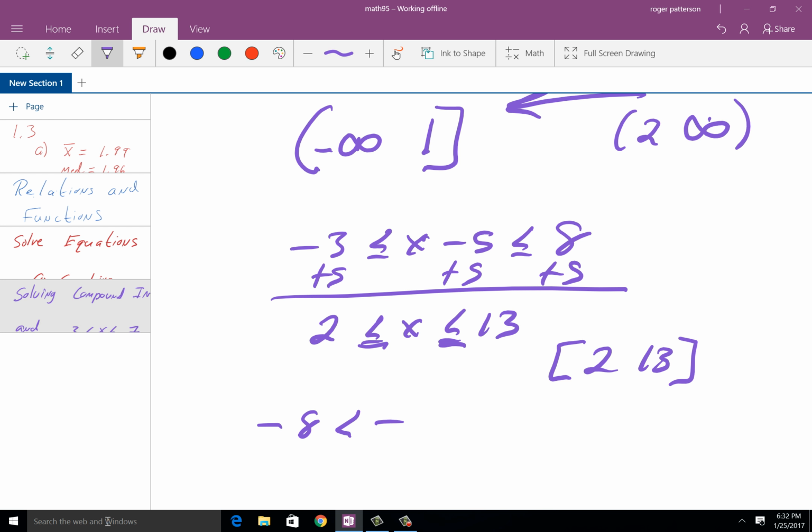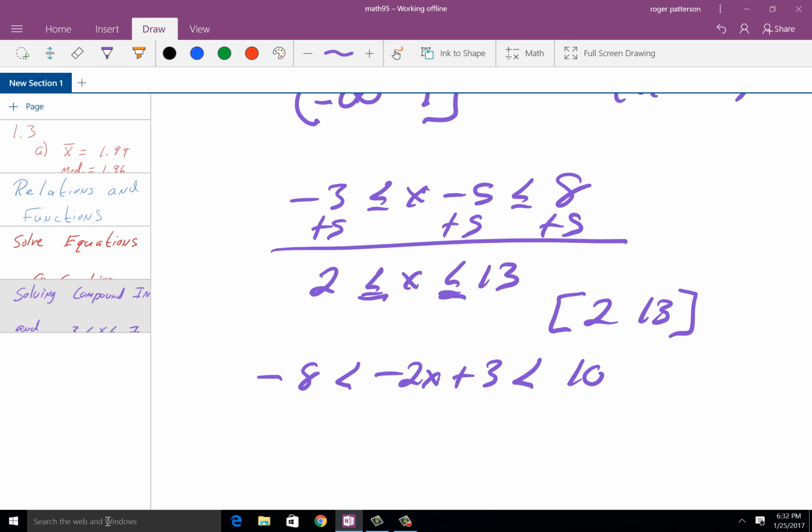I really want to do one like this. Let's try one like this. What's this one, an and or an or? And, yeah. Okay. What do you think we should do first? Yep.